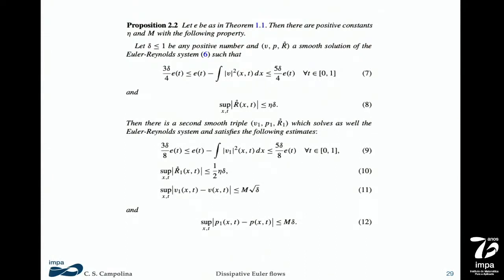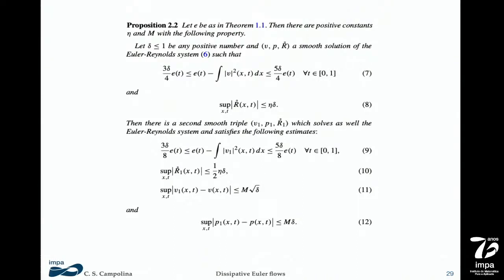Take a delta less than or equal to 1, and suppose we have a triple, velocity, pressure, and Reynolds stress, a smooth solution of the Euler-Reynolds system, which is that system perturbed by Reynolds stresses, satisfying these conditions: the energy of this flow v is close to the prescribed energy, bounded from below and from above by these constants and the profile multiplied by delta, right?